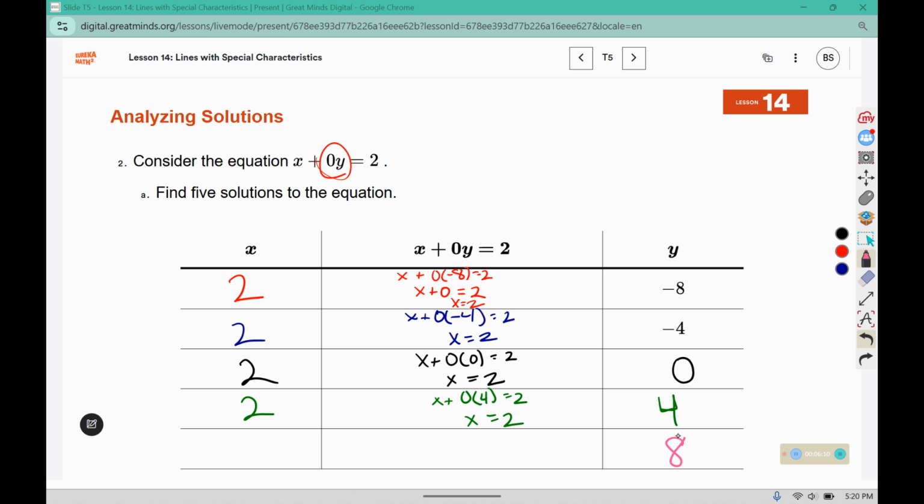And if I put in an 8 in the y spot, 0 times 8 is 0. So I still get x equals 2. In the next part, I'm going to graph the points 2, -8, 2, -4, 2, 0, 2, 4, and 2, 8.